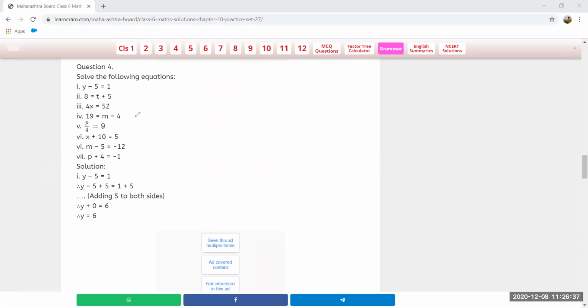We'll take the fifth one. P by 4 is equal to 9. So P by 4 is equal to 9. What would be the next step? No, Lokesh.